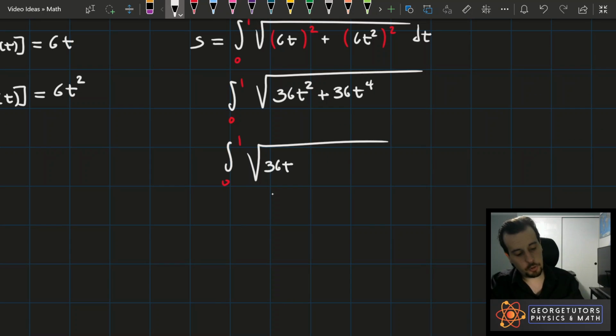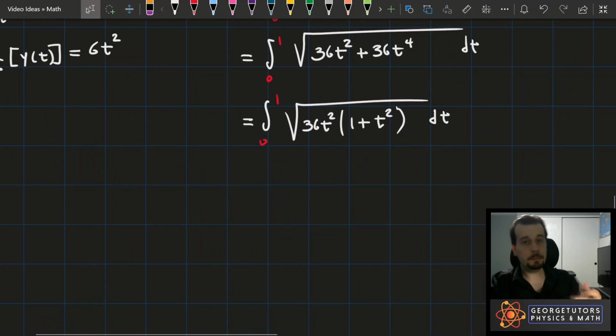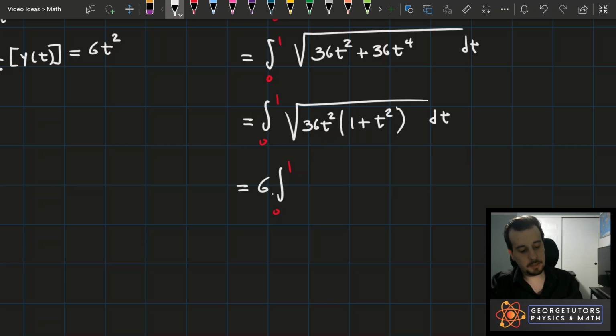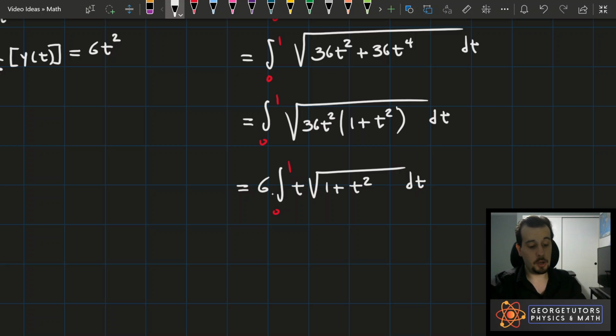So 36t squared can be factored, leaving me with 1 plus t squared for the second term here. Okay, now I can apply the square root to both 36 and t squared to get myself 6, which I'm going to pull completely out of the integral as it is a constant. And then this guy is going to become simply a t that's going to be multiplying the square root of 1 plus t squared. And this is the guy that we will be tasked to integrate right now.